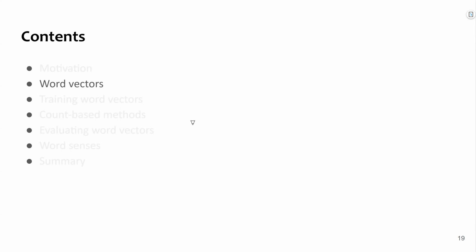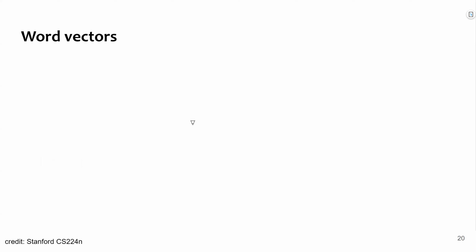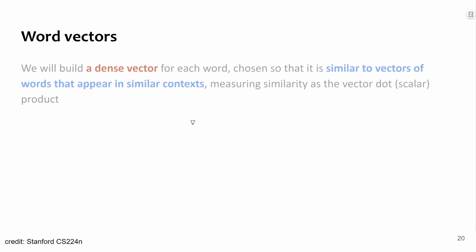Okay, from now on, we're going to talk about word vectors. What are word vectors? We'll build a dense vector for each word, chosen so that it is similar to vectors of words that appear in similar contexts, measuring similarity as the vector dot or scalar product.